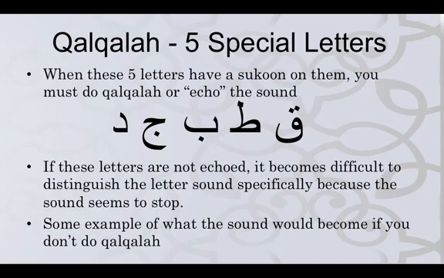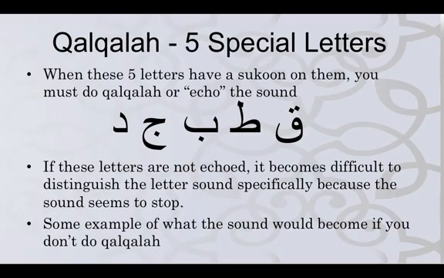If these letters, when they have a sukoon on it, are not echoed, it becomes difficult to distinguish the sound of the letter. It becomes difficult to tell what the sound of the letter is, or even to tell what the letter is, because the sound seems to stop if you don't do the echo. And I will tell you in just a second in the next video, what it will sound like if you don't do the qalqalah versus if you do.